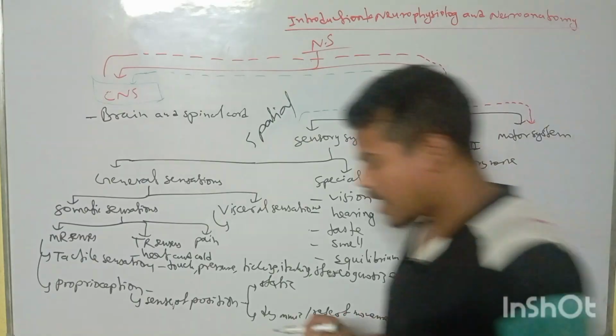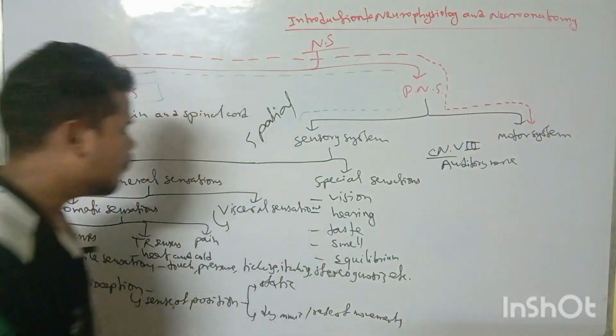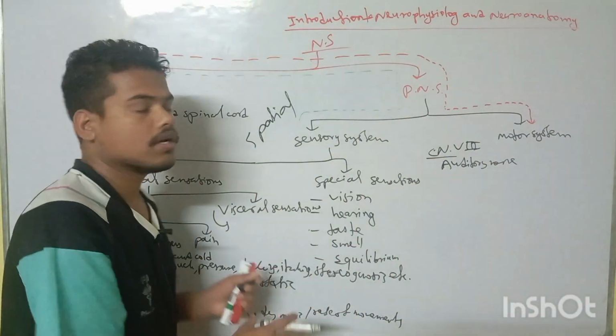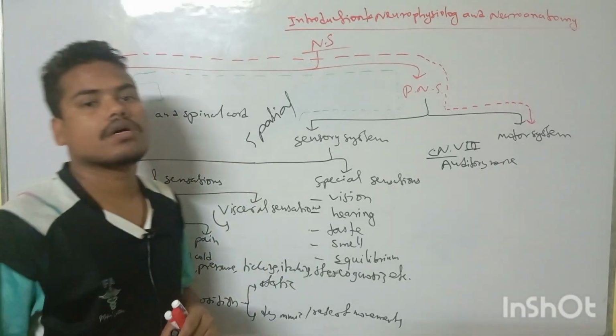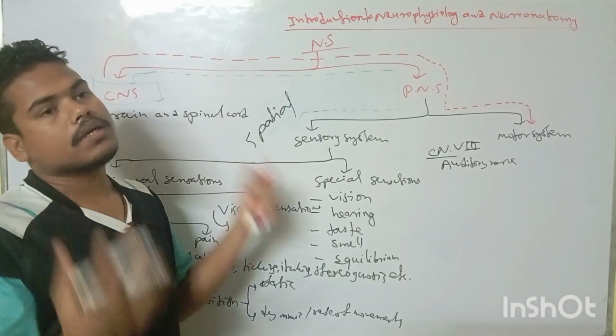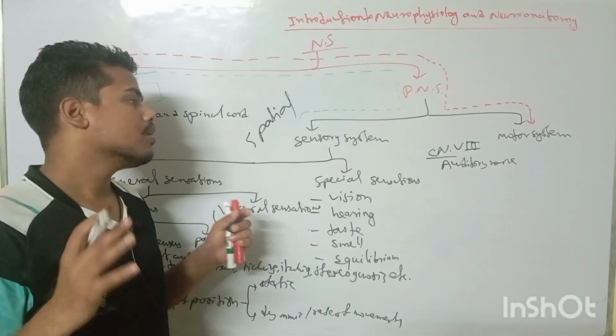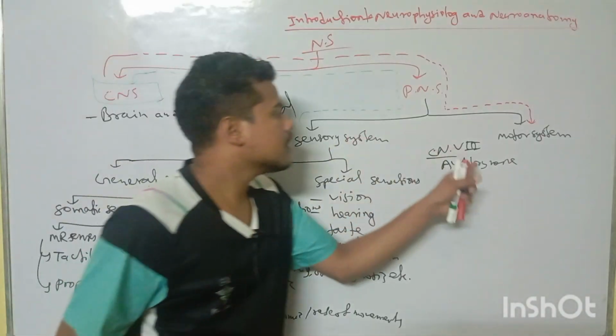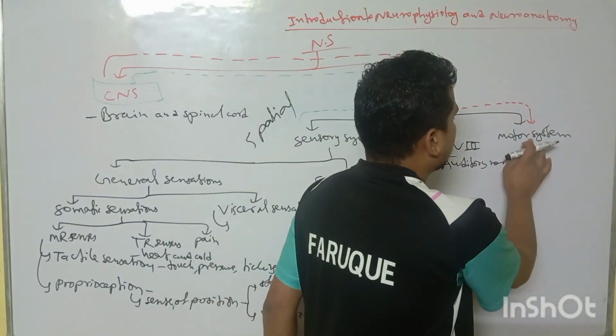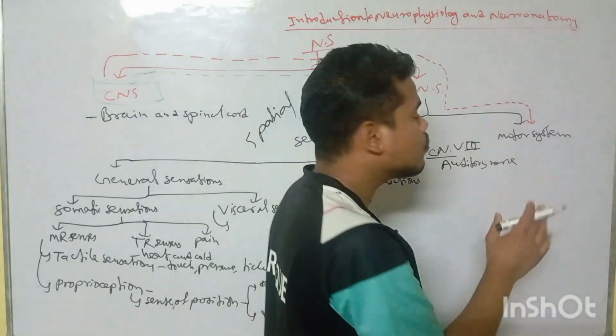Now, after this, when all these sensations we talked about are carried to the central nervous system, it will deliver some type of response if needed. The response will be in the form of the motor system.